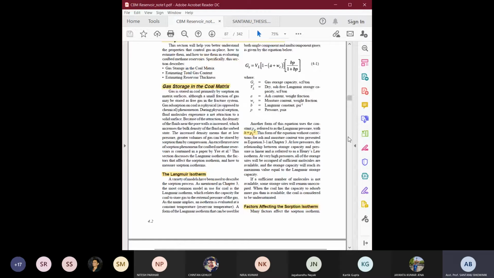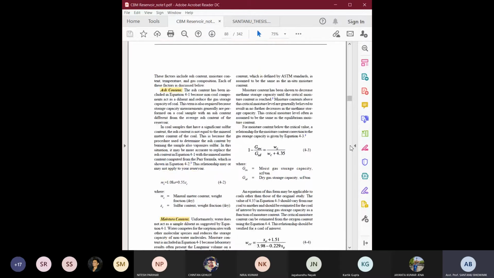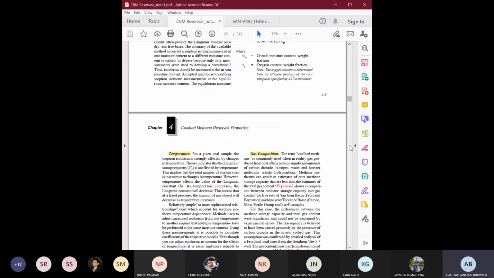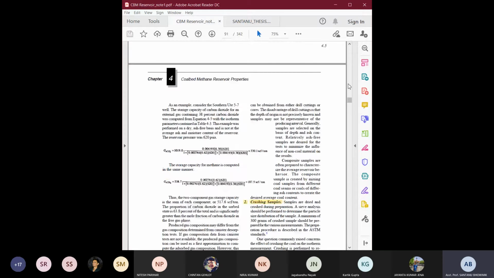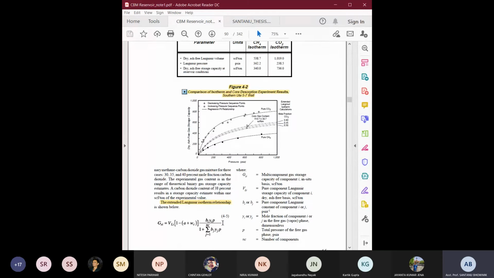But if there is a mixture, then this equation is invalid because this is only valid for pure component gases. And when there is a mixture of two or three different gases, you have to go for the extended Langmuir equation, which is given by equation 4.5. This is the equation. Okay.